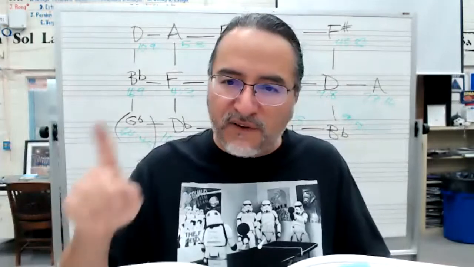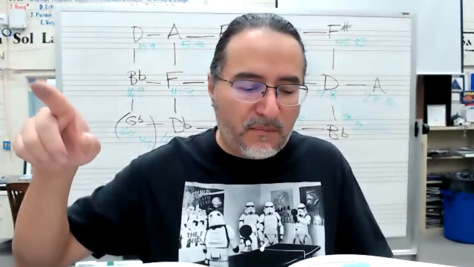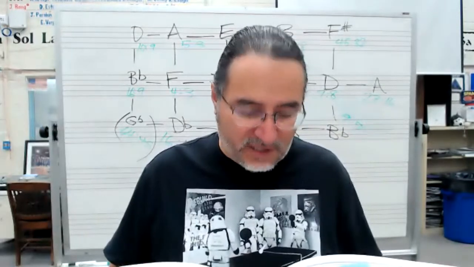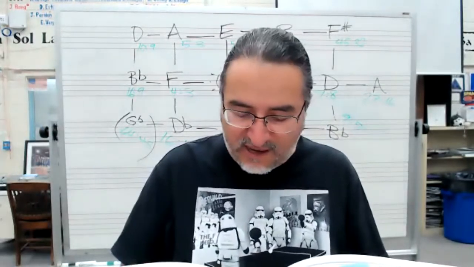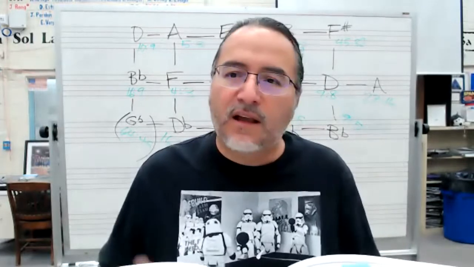That E, now realize I just played that in equal temperament, so it's not the overtonal E. The first 5 partial E is different than the 4 fifths that are stacked from C to G to D to A to E. Those will be two different E's. And then there's a whole bunch of math right here if you want to see different ways to figure that out and see how that works.